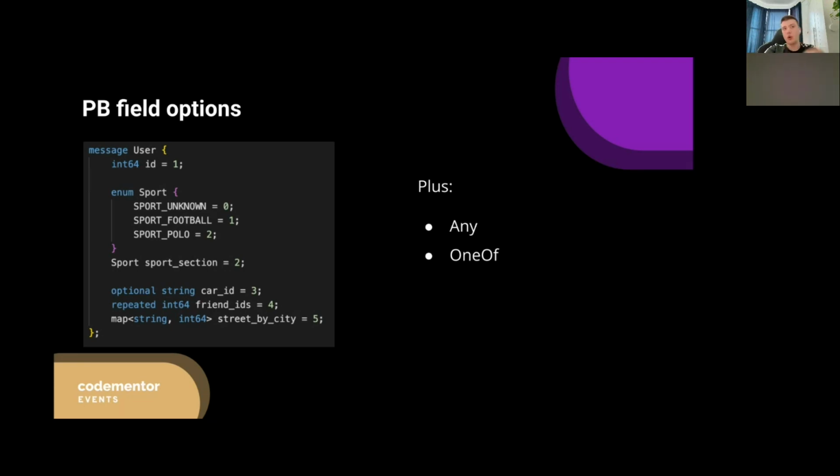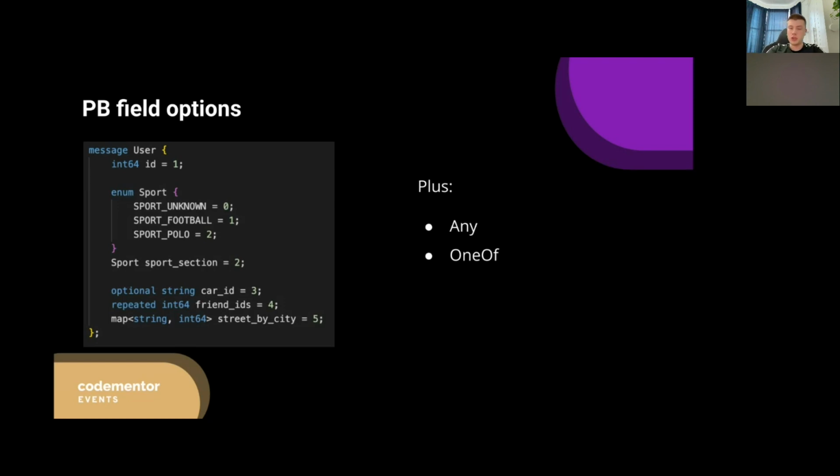But for example, in Go, the fields that are optional will be not just strings, but pointers to strings. So you can actually distinguish if the field was presented in the message or not. Because if it would be an empty string, you wouldn't be able to understand whether it's presented or it's just an empty string.